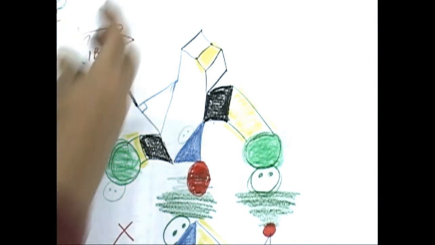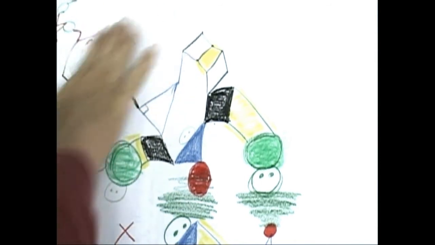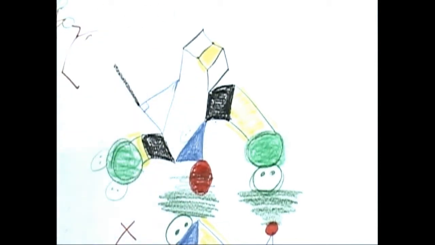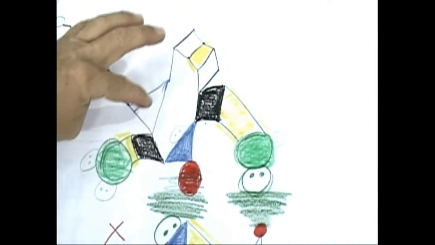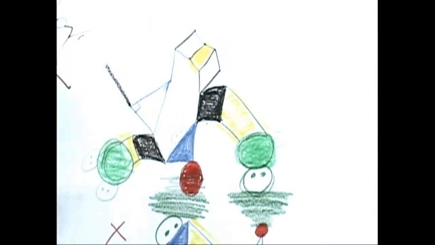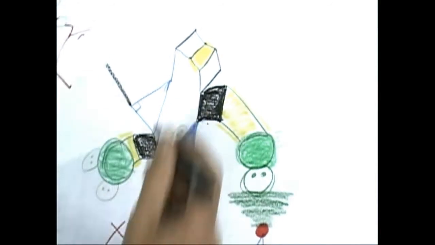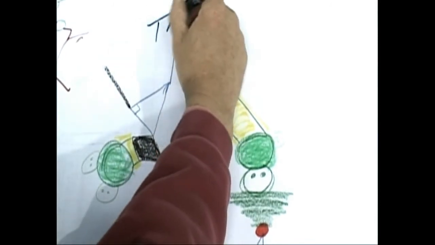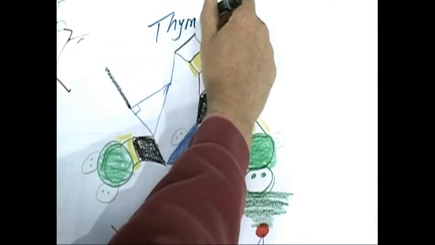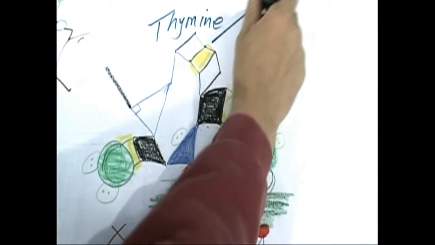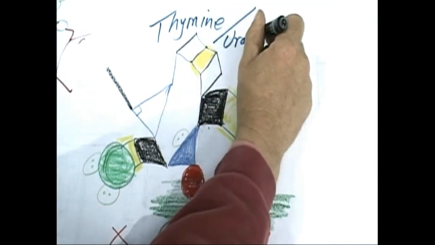See, I just didn't want to start thinking about that. So over here, this is a single-membered ring. Thymine. What color is thymine? We'll give that the blue. Like uracil. Thymine or uracil.